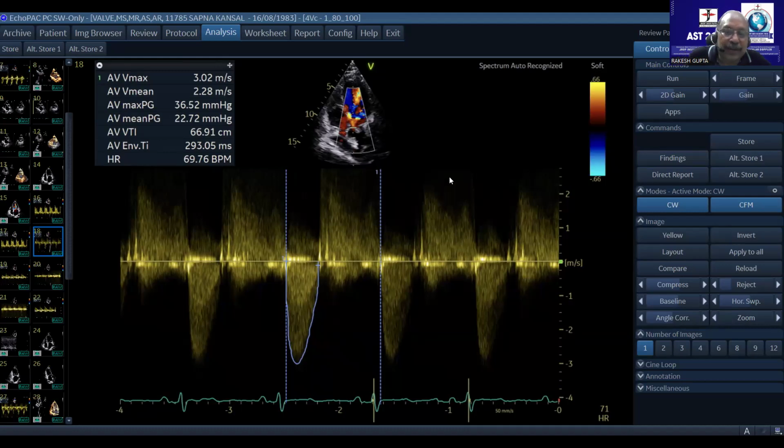So can you calculate a dimensionless index for this patient? What is the dimensionless index? LVOT VTI divided by aortic valve VTI. So let's divide 22.72 by 36.52.